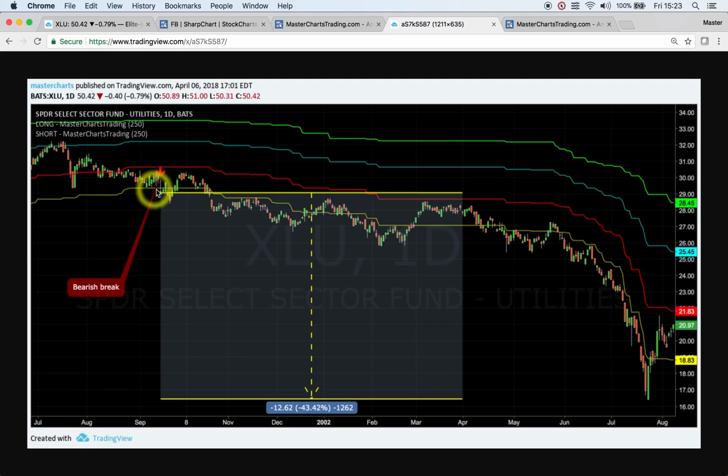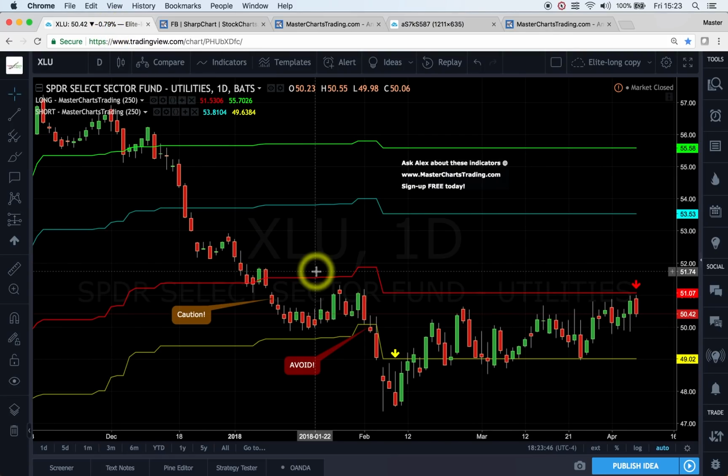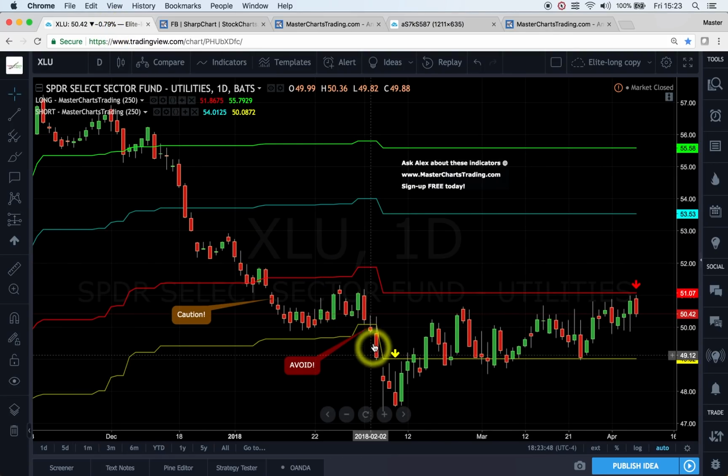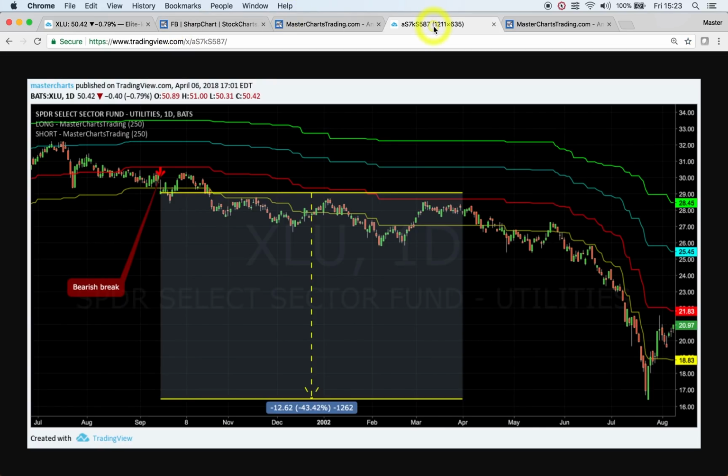Now, again, we don't know what's going to happen in the future, and here is the current chart of XLU, and here in February 2018, we have this bearish break. Here in September 2001, we have a bearish break. Will we get a similar pattern currently to what we had in 2001, 2002?